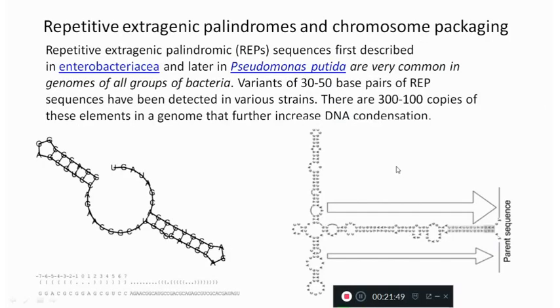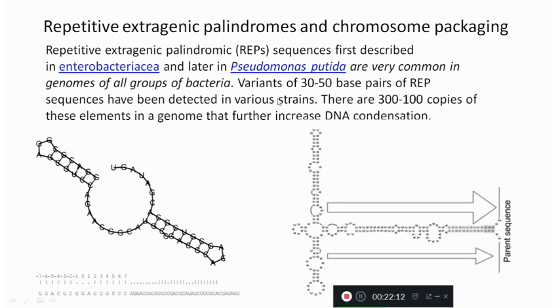So another thing which helps in the compaction of the bacterial chromosome are the repetitive extragenic palindromic elements, the REP elements. These palindromic elements have been discovered in the Enterobacteriaceae family, in Enterobacter, and in Pseudomonas putida also.